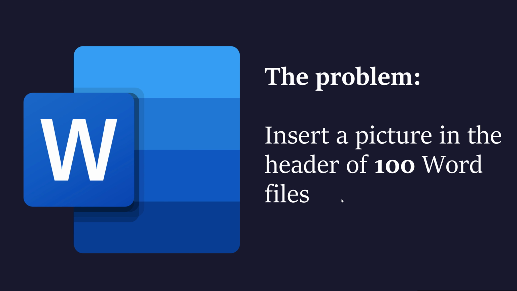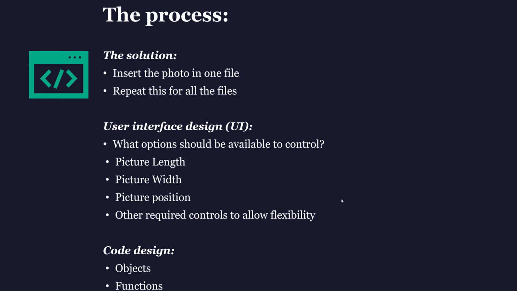So the problem that we have is inserting a photo or picture in the header of the file. You have to define this clearly and think about what things you are going to need in order to achieve this goal.